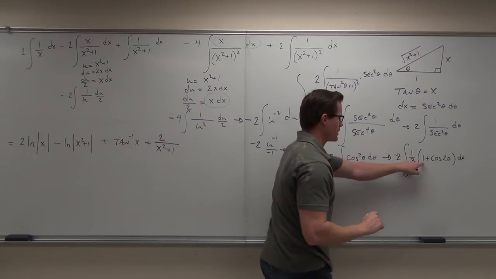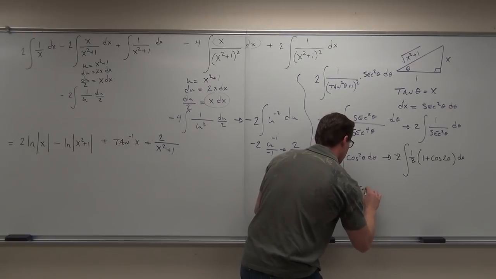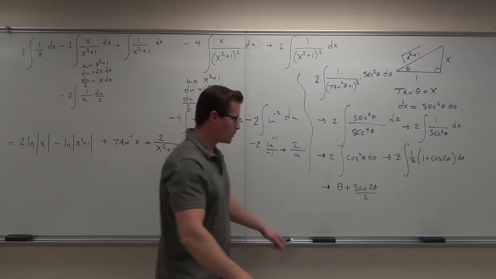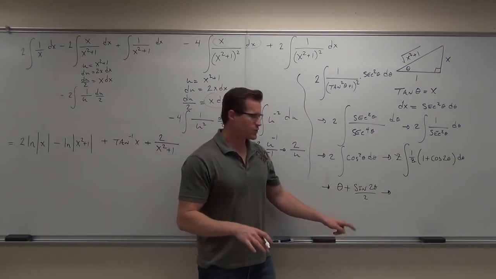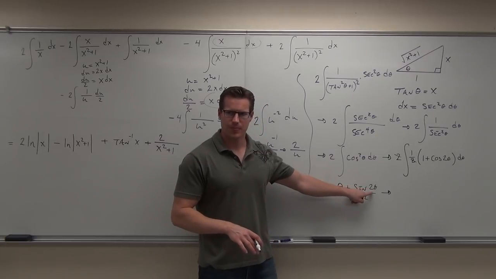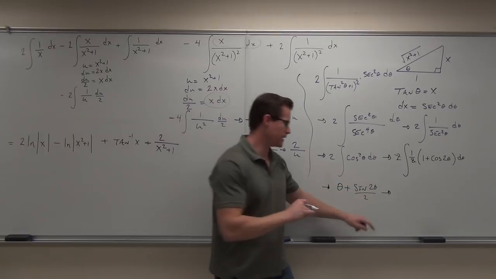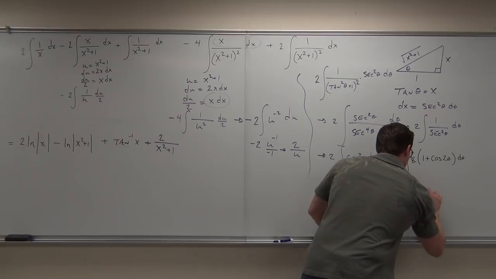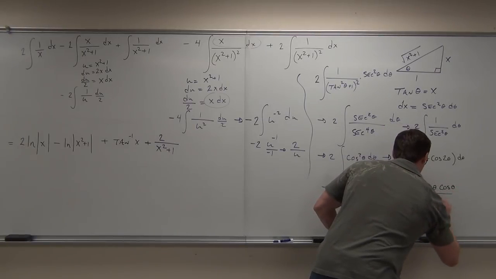This integral, therefore, is theta plus sine 2 theta over 2. We keep on going. Remember that with your triangles, I know we've seen this before, you can't have a 2 theta. You have to make this that 2 sine theta cosine theta. So we get theta plus 2 sine theta cosine theta over 2.